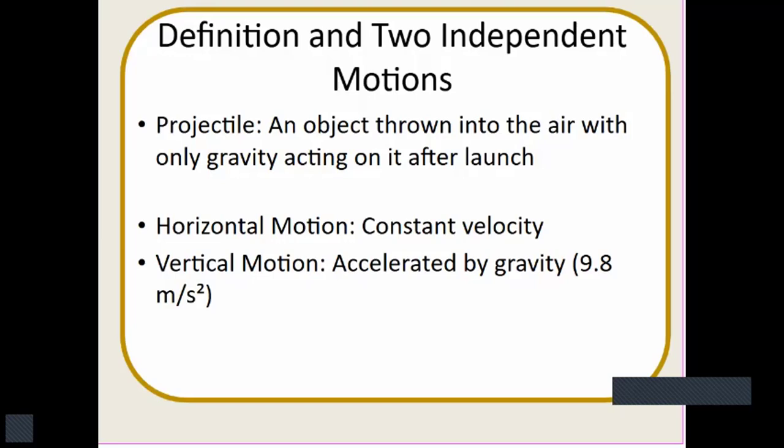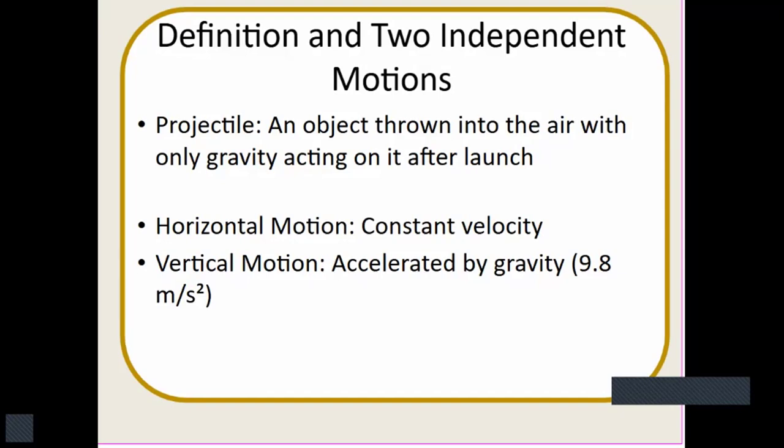And when we talk about the horizontal component, we're talking about the constant velocity of the projectile. When the projectile is moving horizontally, the velocity is constant. That means there is no acceleration in the horizontal direction.